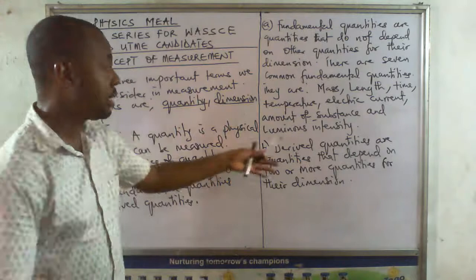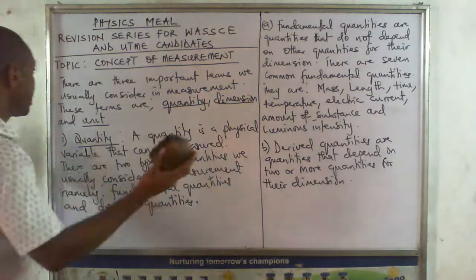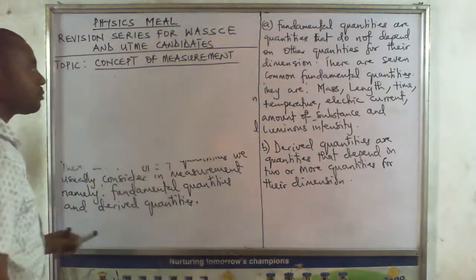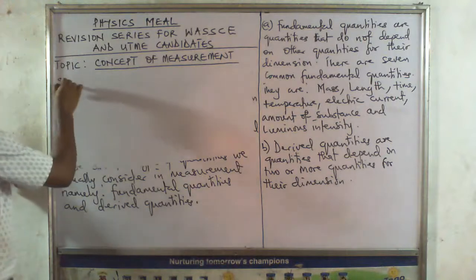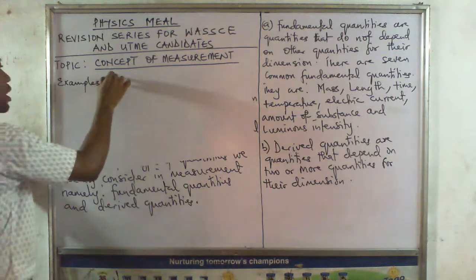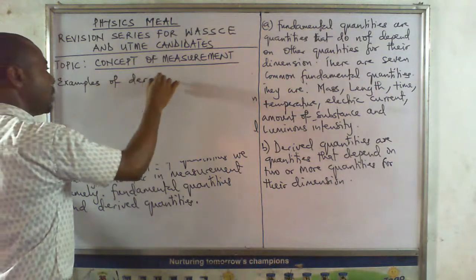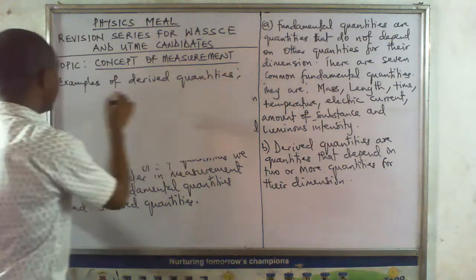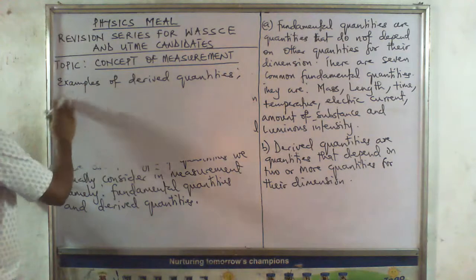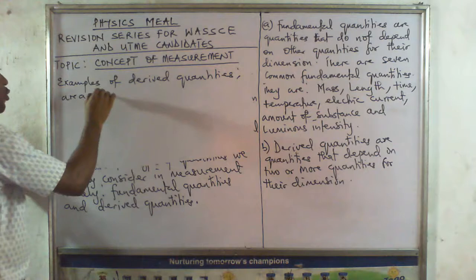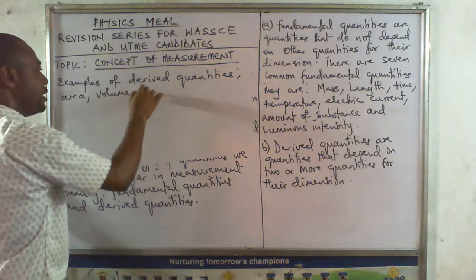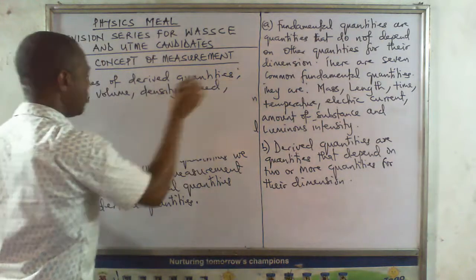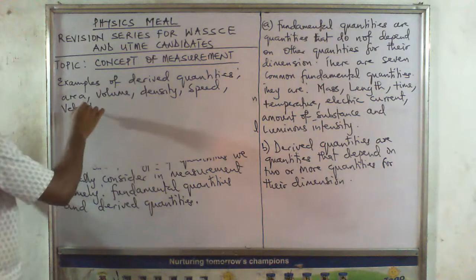So apart from these 7 fundamental quantities, let's write some examples of derived quantities. We'll talk about area of a shape. Volume is also derived. Density, you know about that. Speed is common. We have velocity, also that.